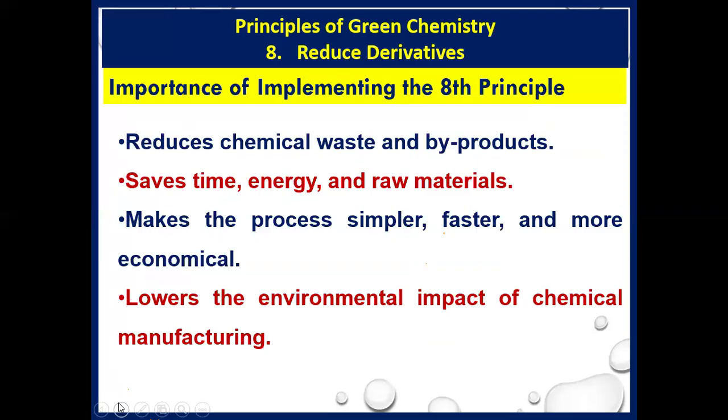So, the importance of implementing the eighth principle is to reduce chemical waste and the byproducts, to save time, energy, and the raw material, to make the process simpler, faster, and more economical. And it also lowers the environmental impact of chemical manufacturing. So these are the importance to implement this eighth principle of the green chemistry.